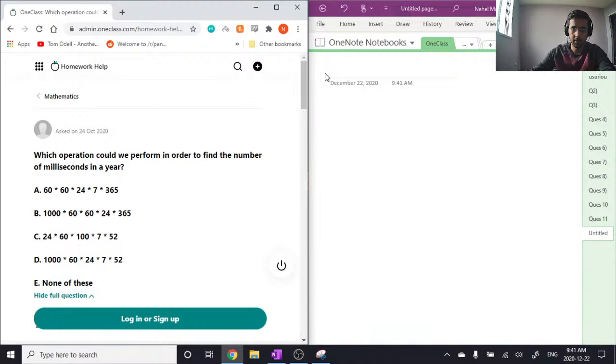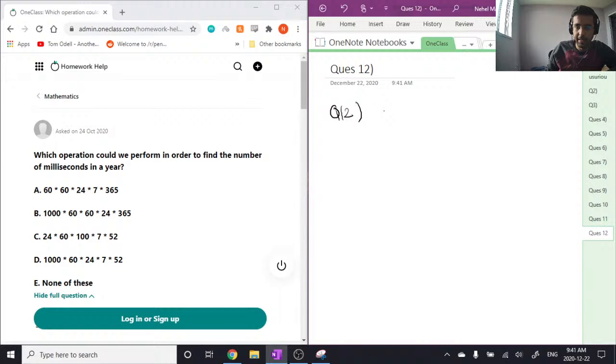Okay, so next question, question 12. Which operation could be performed in order to find the number of milliseconds in a year? Okay, so this is a conversion question. What we need to do is go from year to milliseconds.